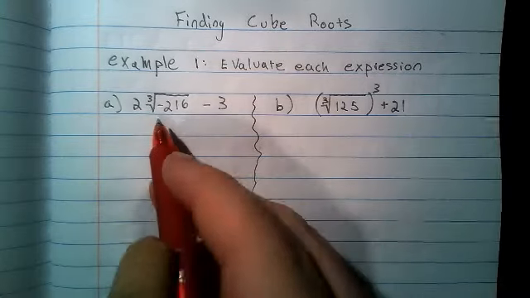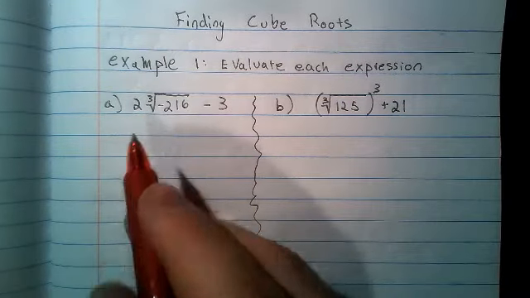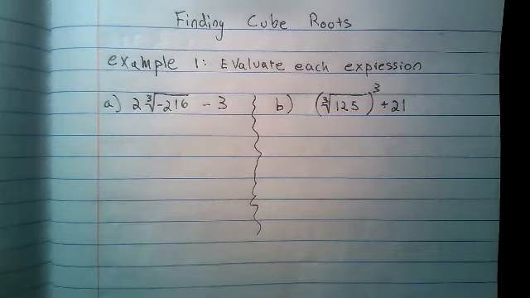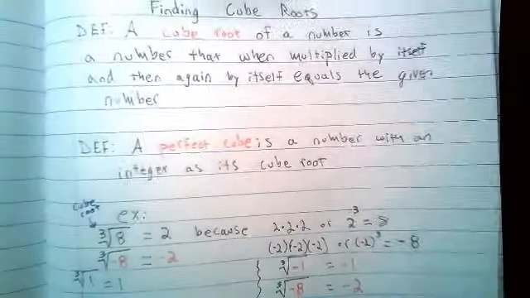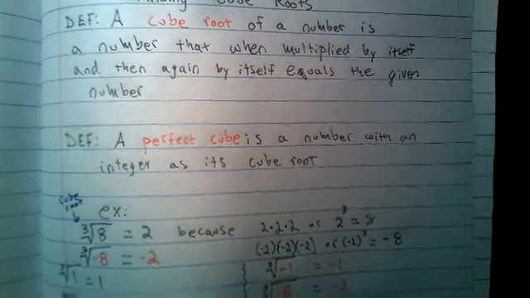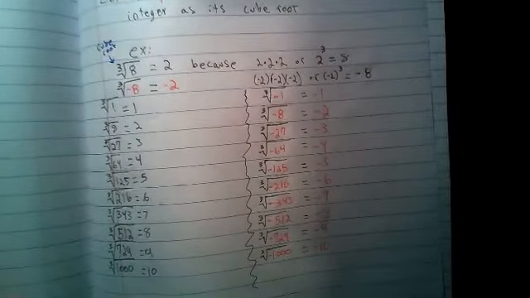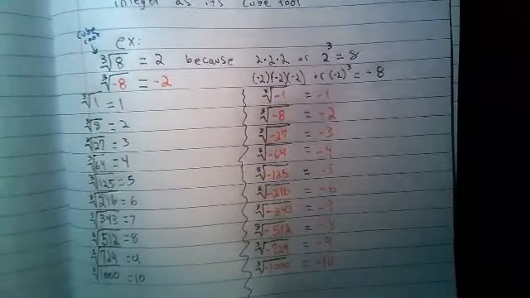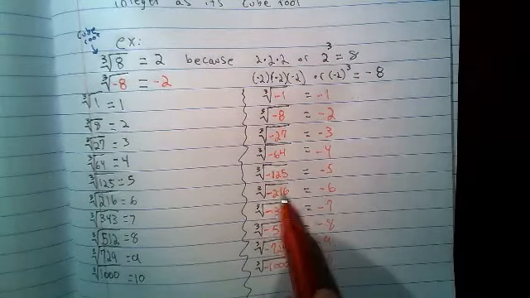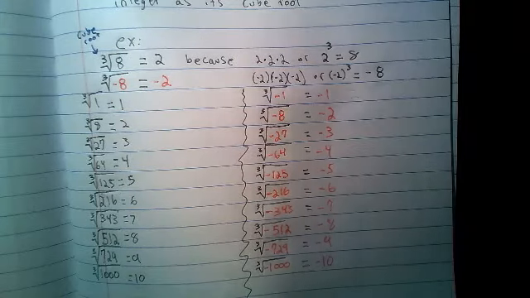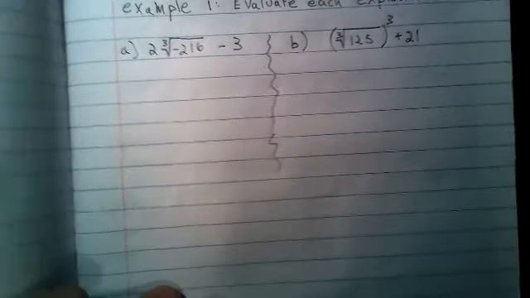So the cube root of negative 216. If I flip over to my other page here, where I went over my cube roots, negative 216 would give me negative 6, because negative 6 times negative 6 times negative 6 is negative 216.